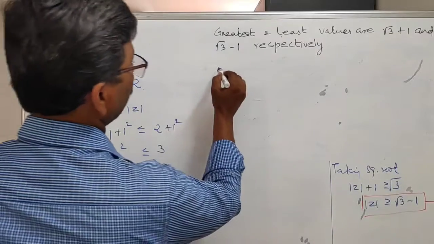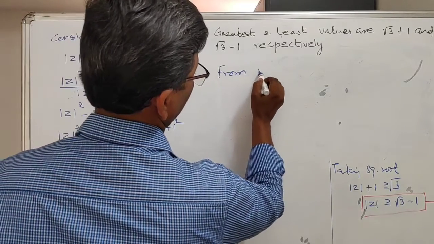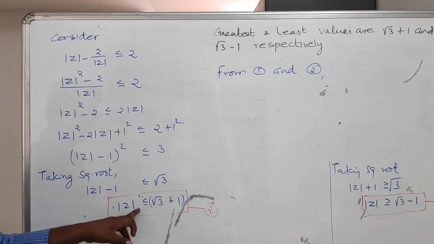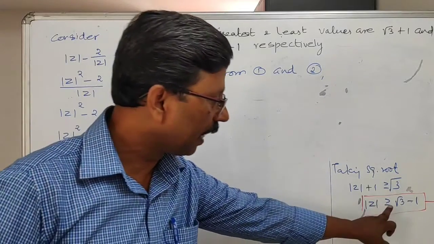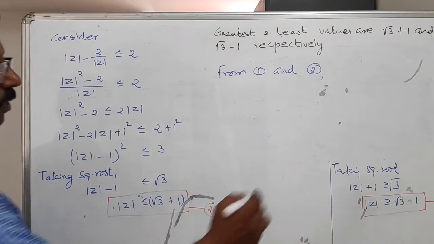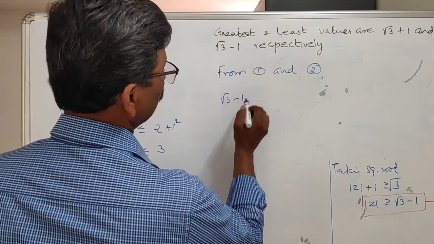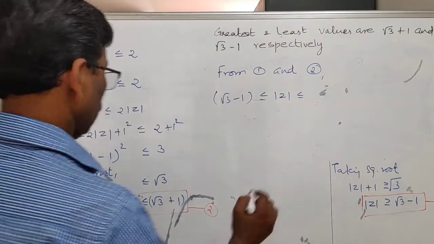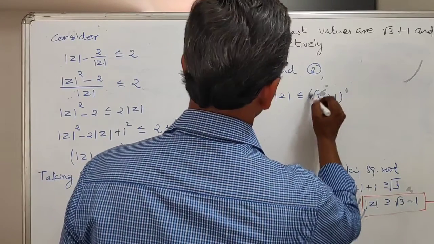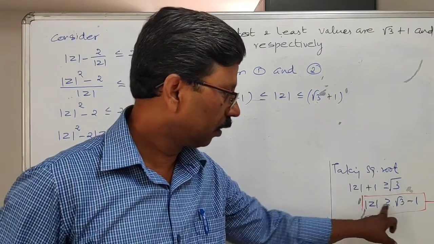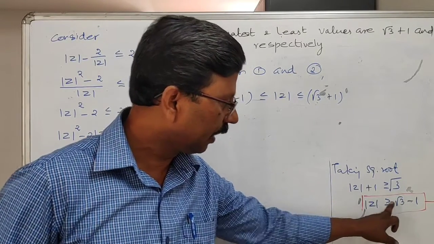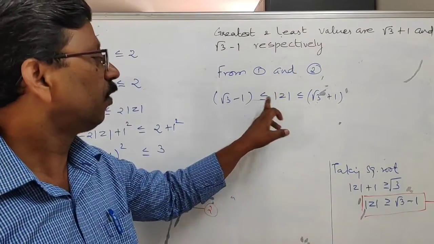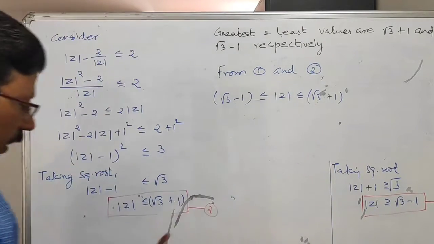Now see here, from 1 and 2, |z| is greater than or equal to √3 − 1 and |z| is less than or equal to √3 + 1. So √3 − 1 ≤ |z| ≤ √3 + 1. Therefore |z| is greater than this value and |z| is less than this value.